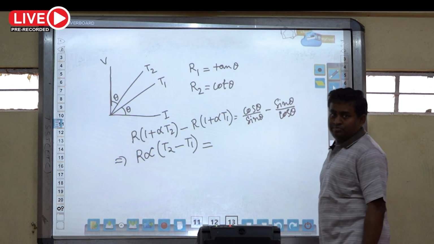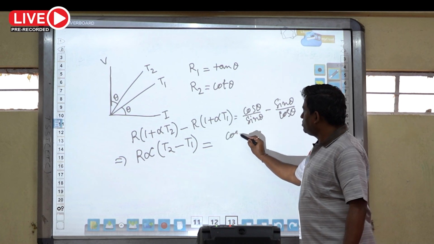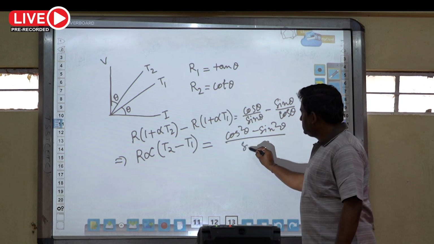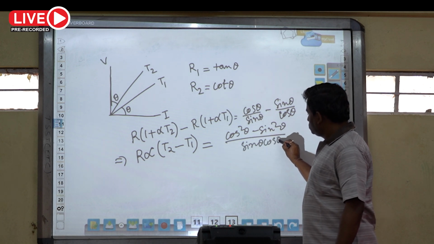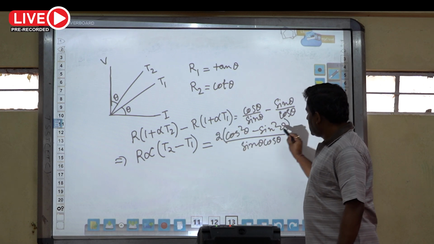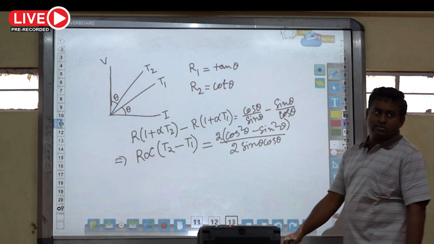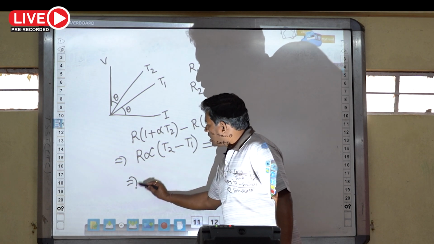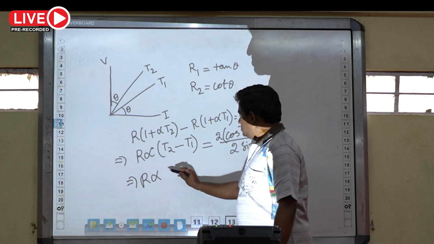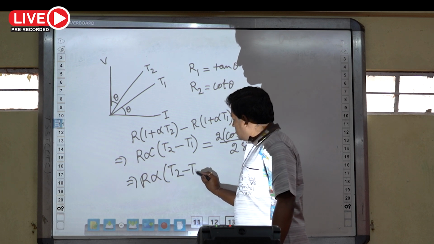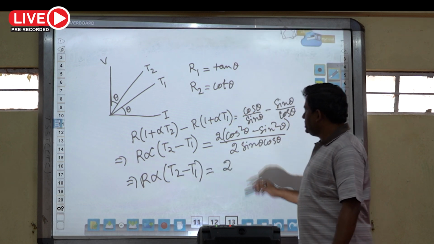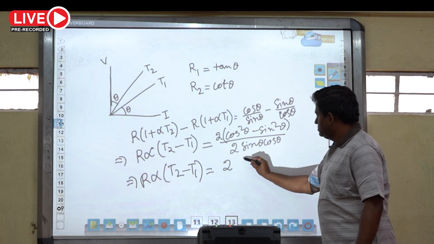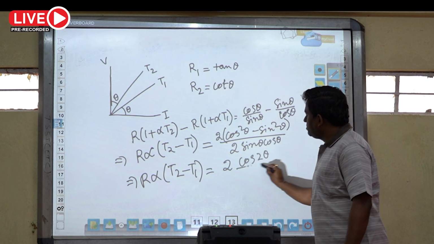Then this term will be cos square theta minus sin square theta divided by sin theta cos theta. So multiply a 2 here and divide by 2. Then R alpha into T2 minus T1, then it is 2 into, the bracketed term cos square theta minus sin square theta is cos 2 theta, and this one becomes sin 2 theta.